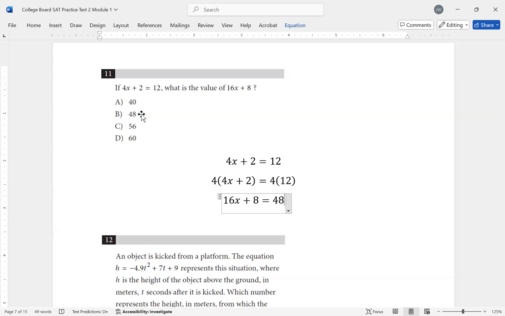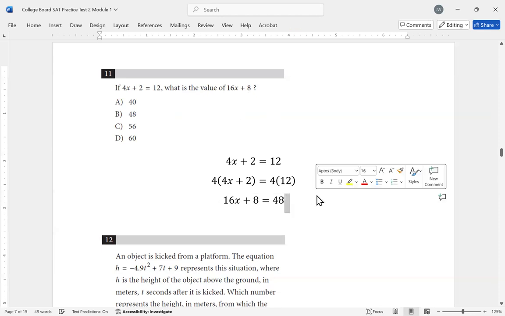Now, another way of doing this problem is to solve all the way for x, subtract 2, and then divide by 4, and then plug in x into 16x plus 8. You'd also get a 48, but it'd be a little bit longer. So you can also solve for x if you'd like.